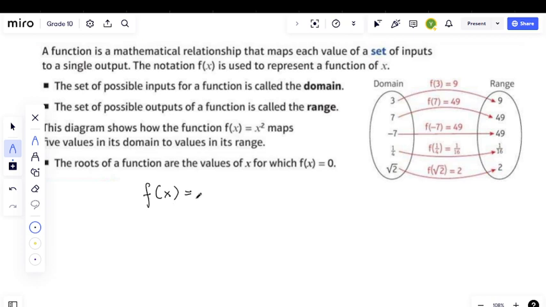So for example, f(x) is 3x squared minus 5x plus 6, for example. So what letter do you see? Huruf variabelnya yang sering dipakai apa ini?